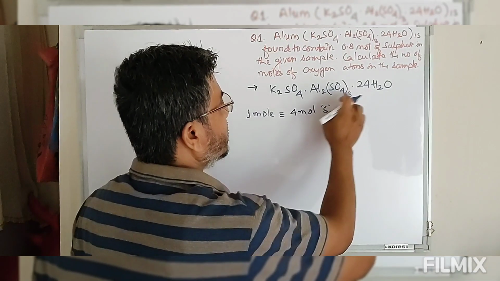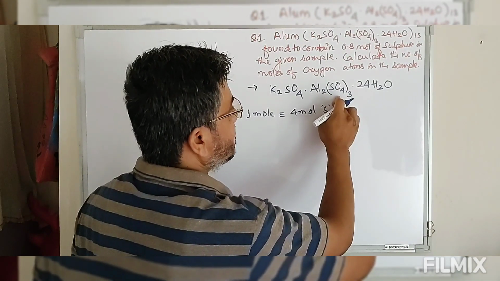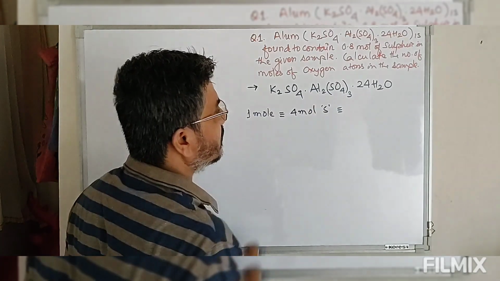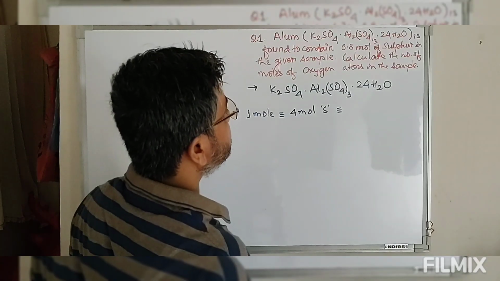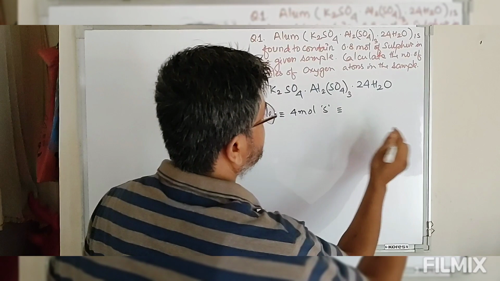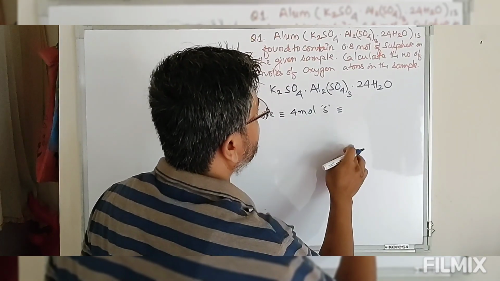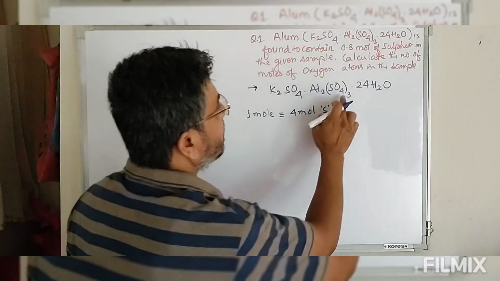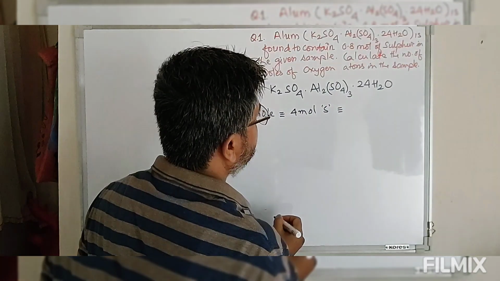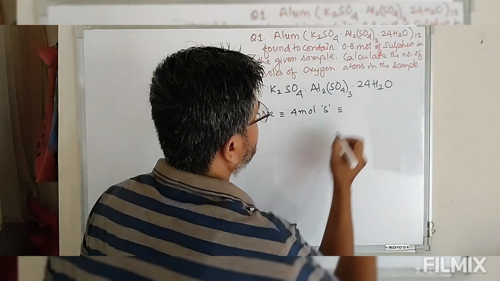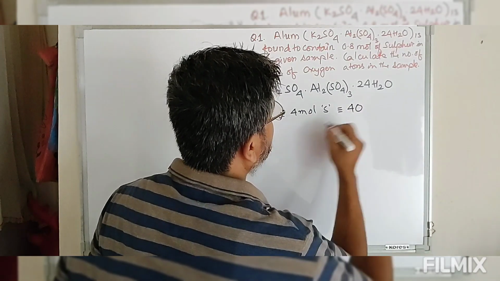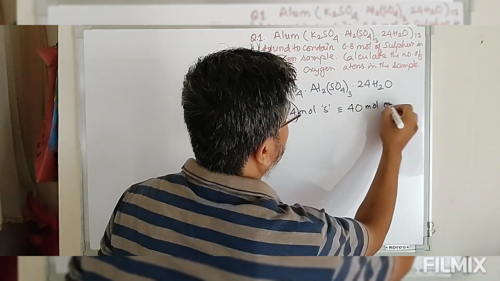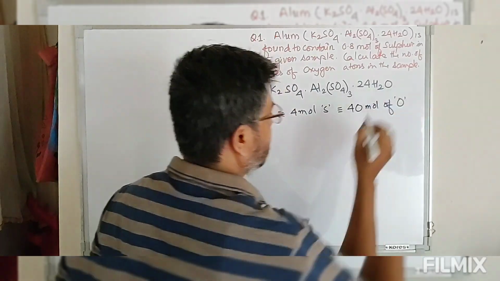So 24 plus 12, 36, 36 plus 4, 40. So we have 40 mole of oxygen atom.